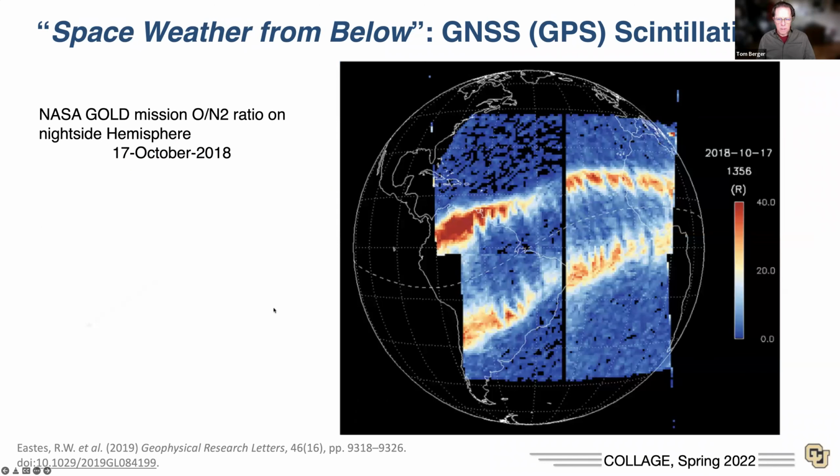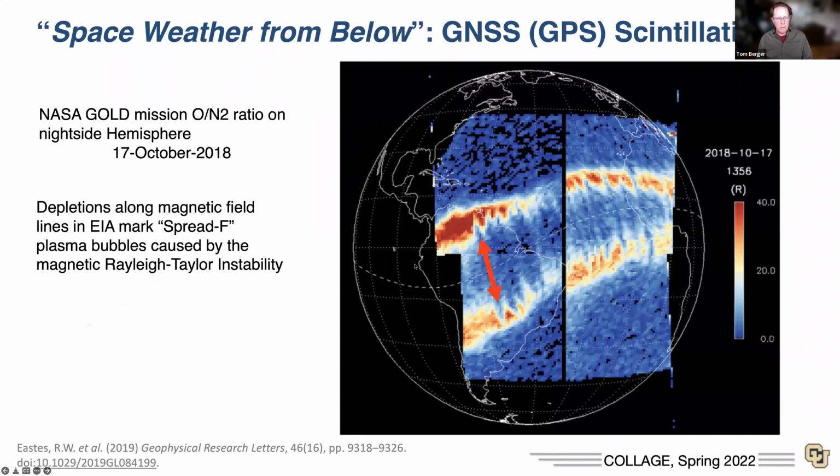Okay, so here is an actual observation image of the night side ionosphere, looking again at these equatorial ionospheric anomalies, but also showing the bubbles that are occurring along the magnetic field lines due to this density inversion that takes place at night. So these large bubbles here are the spread F Rayleigh-Taylor bubbles in the ionosphere.